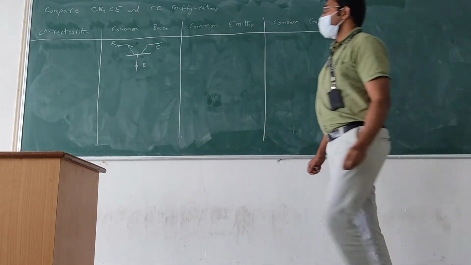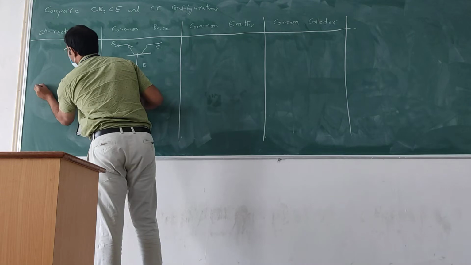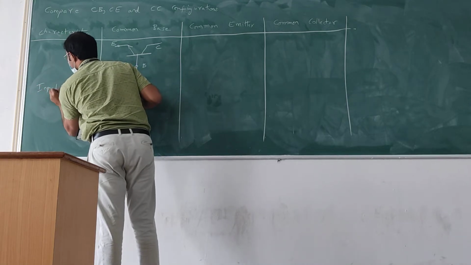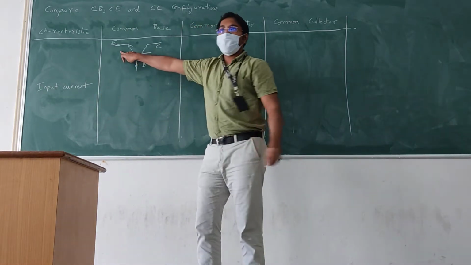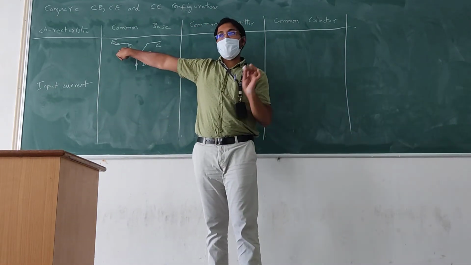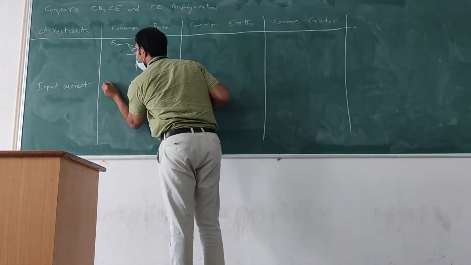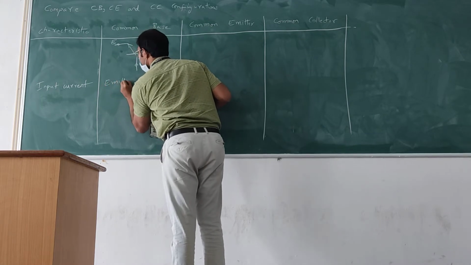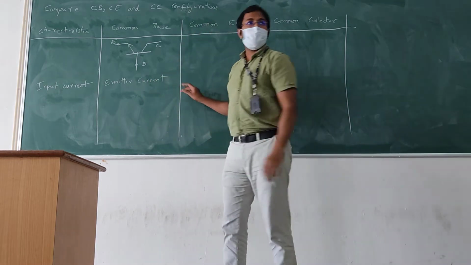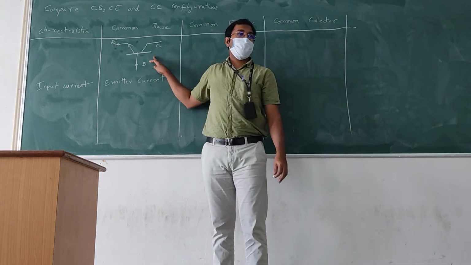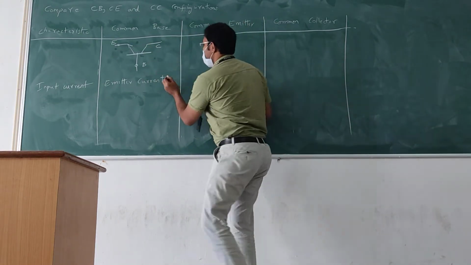So what will be the input current? Input current will be emitter current. See, very easy. Input is emitter, so obviously the input current is emitter current.